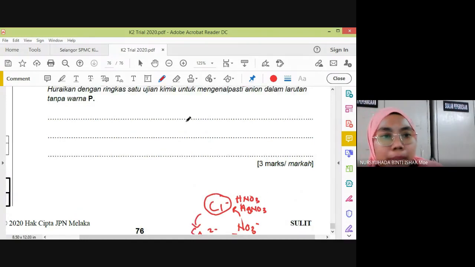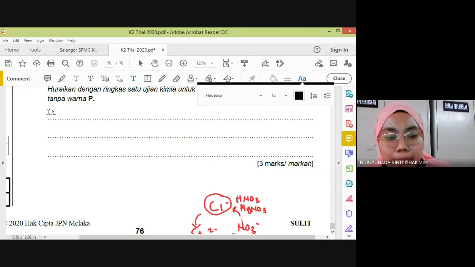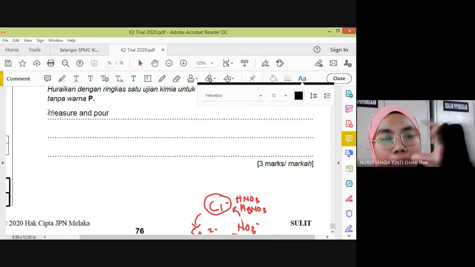Yang pertama apa nak tulis? Measure and pour. Okay, ingat kalau kita pakai test tube, maximum volume yang boleh occupied dalam test tube adalah 10 cm3. Maximum solution tu dalam test tube boleh maksimum pakai 10 cm3.